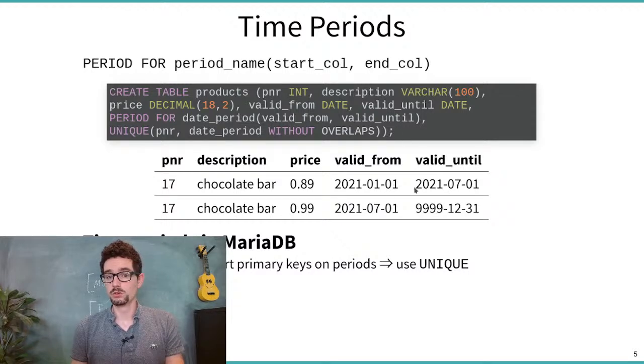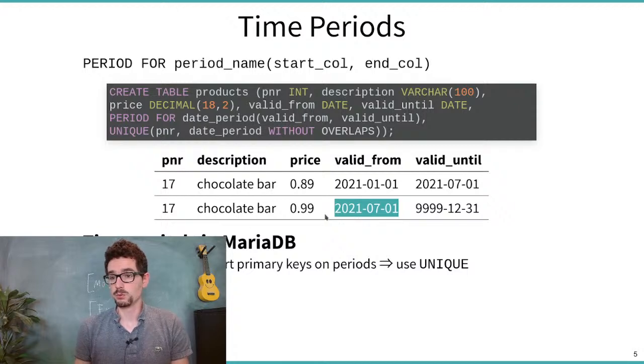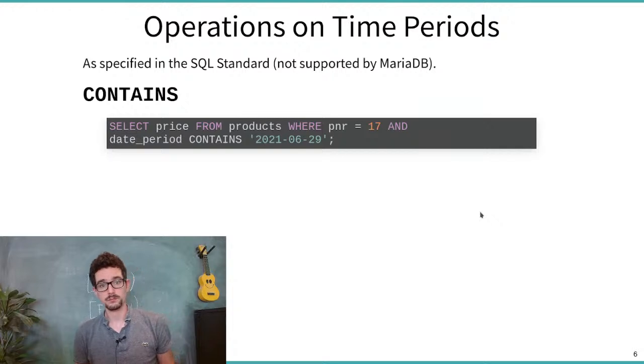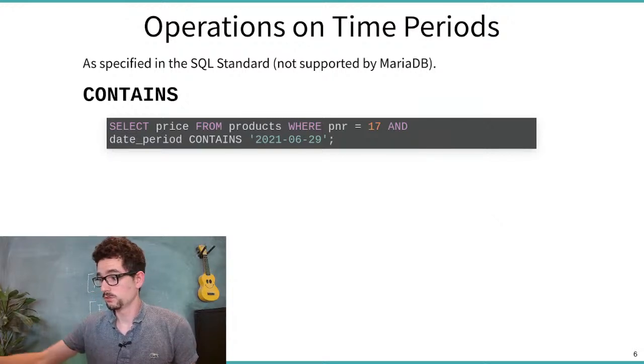So when I would try to insert a row and say from April to December 2021 the price will be that, then an error would occur because there would be an overlapping in this time period. Now let's take a look at some operations.